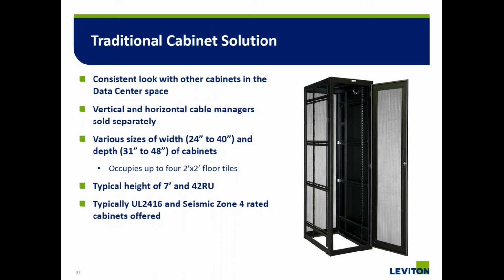Cabinet sizes vary in width and depth and can take up to 4 floor tile spaces. Typical height is 7 feet tall with 42 rack units of usable space. If there are no height restrictions, you can see up to 8 feet tall cabinets with 48 rack units of space. Cabinets are typically listed under UL 2416, which meets new UL requirements for equipment cabinets.